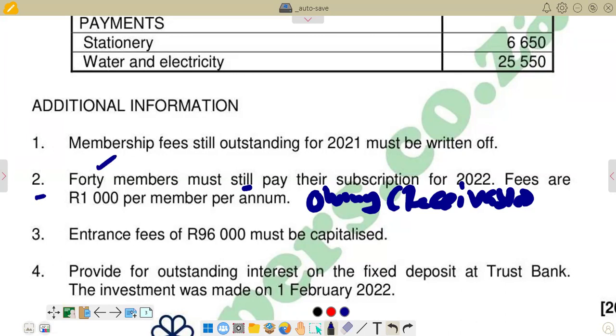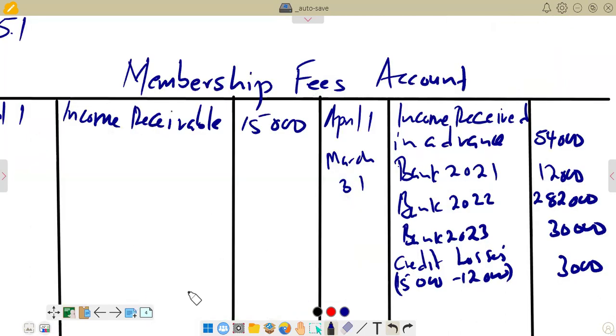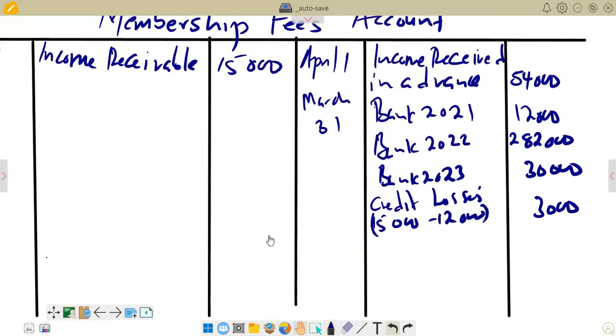So we go to the credit side, and that's where we put our balance and say income receivable.